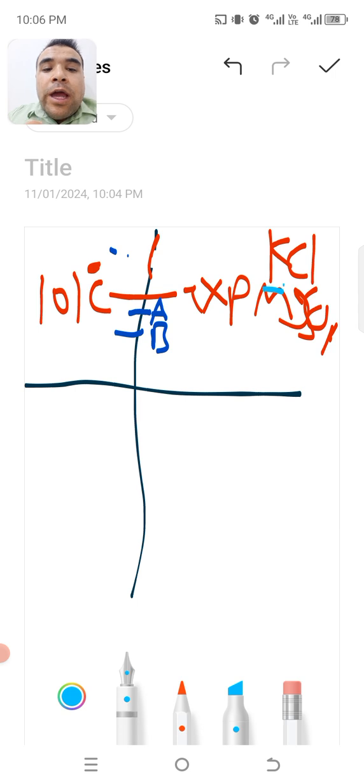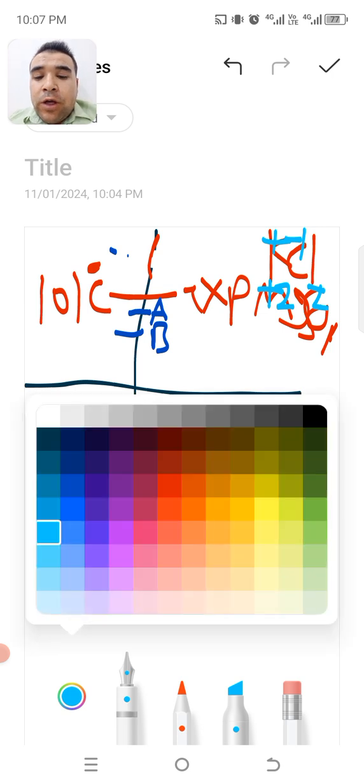So MgSO4 is positive 2 and negative 2. KCl is positive 1 and negative 1. Which one has the higher charge? Of course, MgSO4.